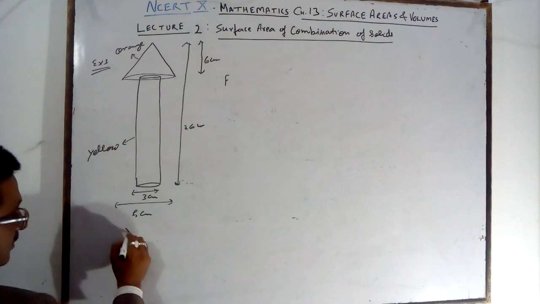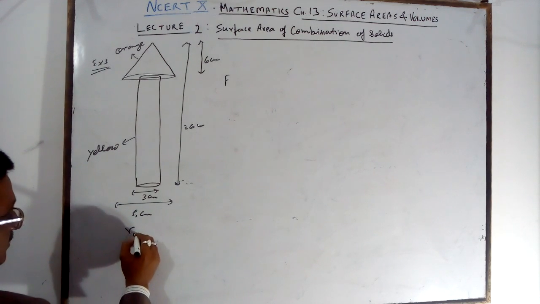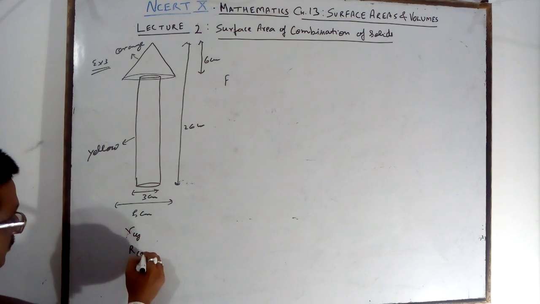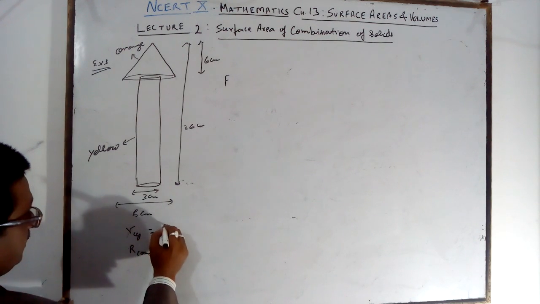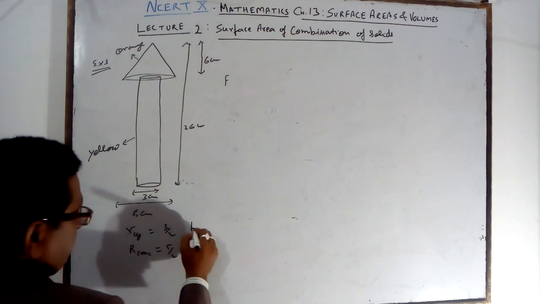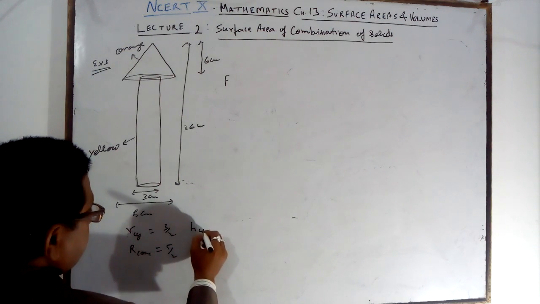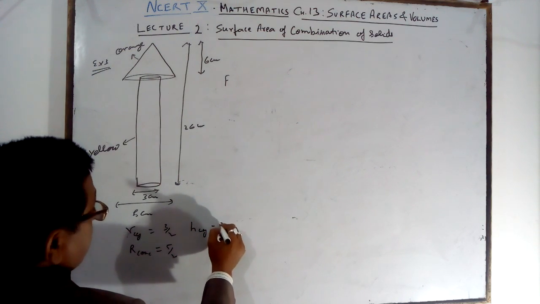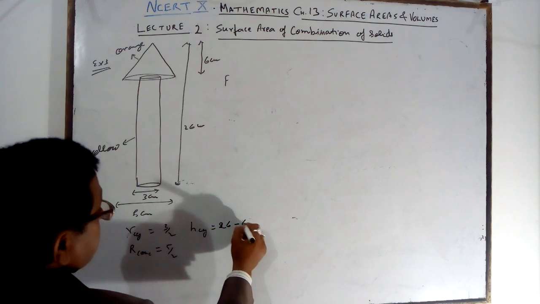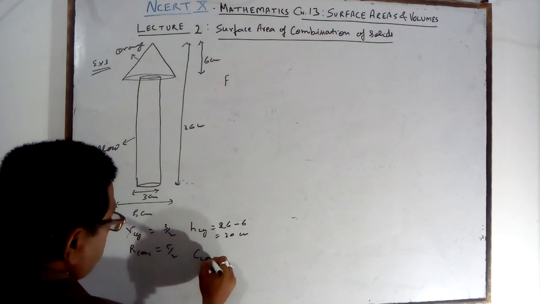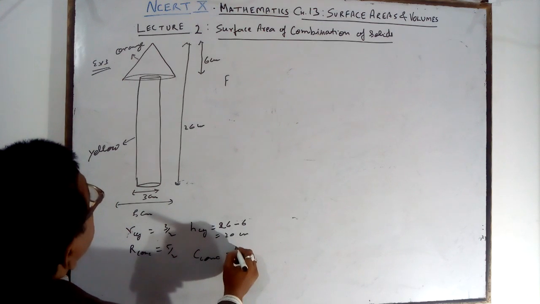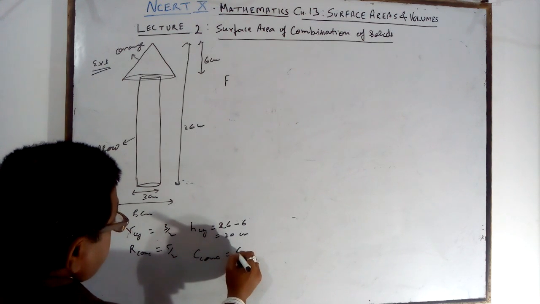First you find the radius of the cylinder and the radius of the cone. Radius of cone is 5/2, radius of cylinder is 3/2. Height of the cylinder is 26 minus 6, 20 centimeter. Height of the cone is 6 centimeter, it is given.